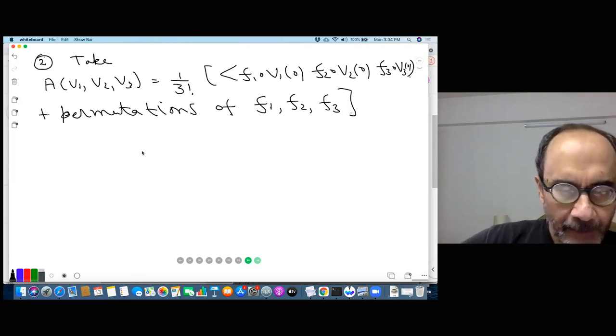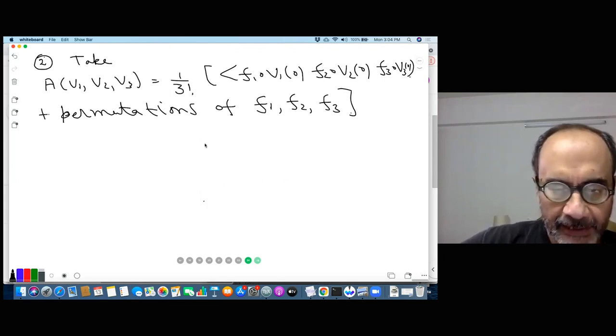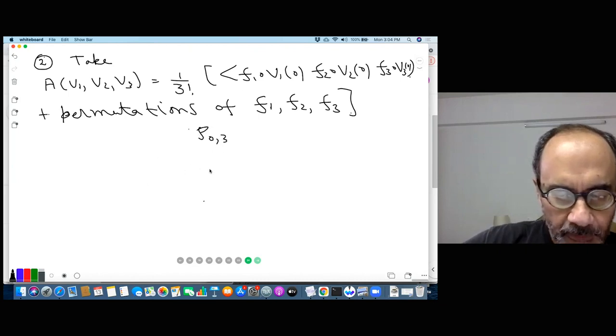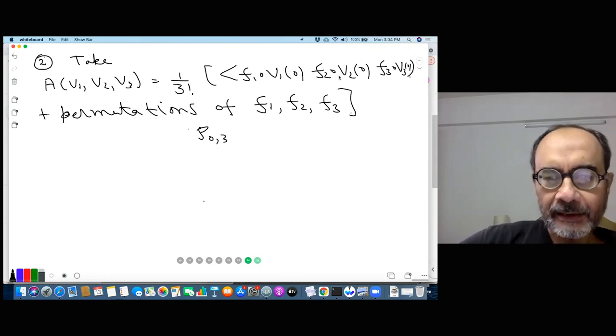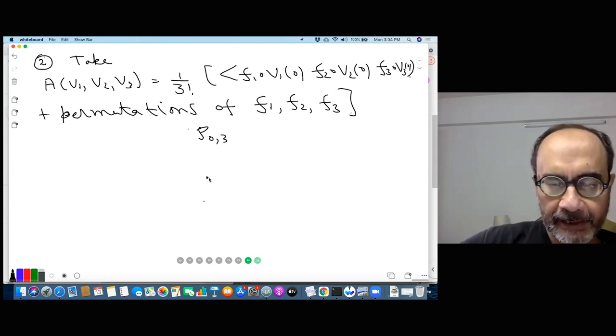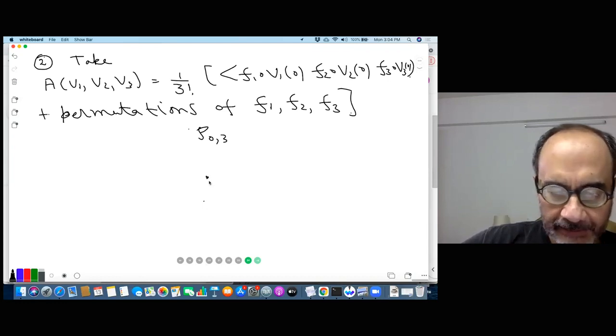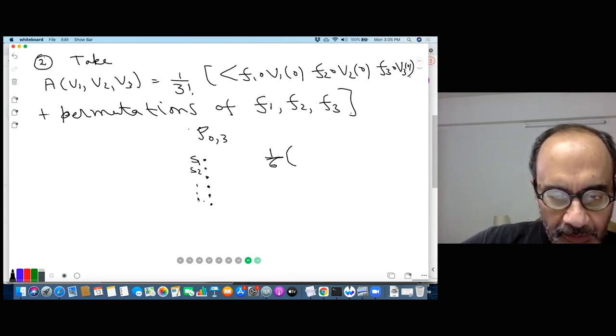Now this one has an interpretation in terms of P_{0,3}. M in this case is 0-dimensional, so P is just a line. Normally, choice of a section means in this case that you have to pick a point. If you decide to do it this way, then you are taking the section as the average of 6 points, 1 over 6 times, if you call these points S1, S2 up to S6.